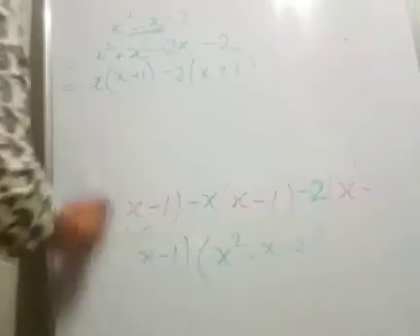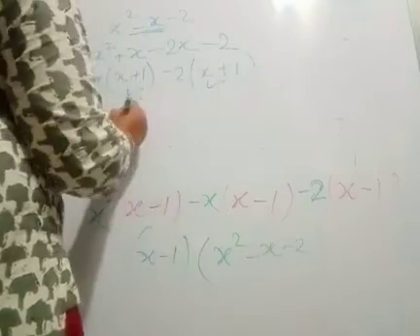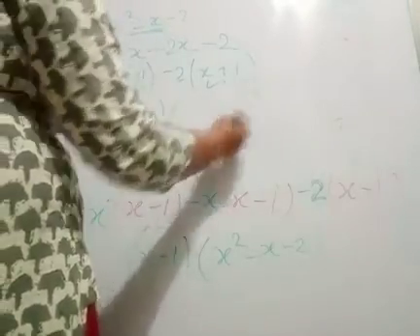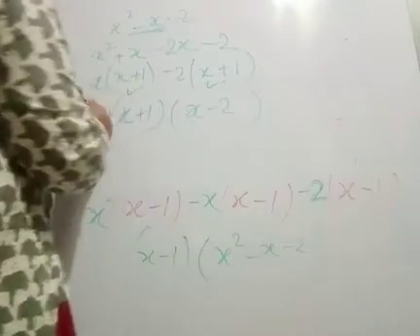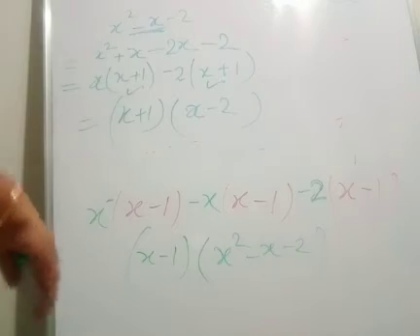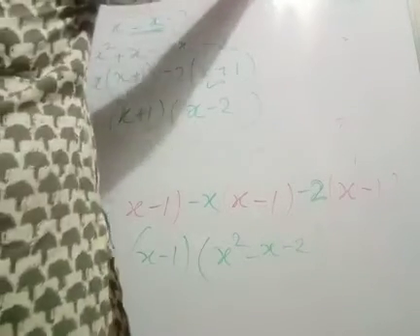So here we can write that x plus 1 is common. So write x plus 1 in one bracket and x minus 2 in another bracket. So we get x plus 1 and x minus 2 as factors of x cube minus 2x square minus x plus 2.